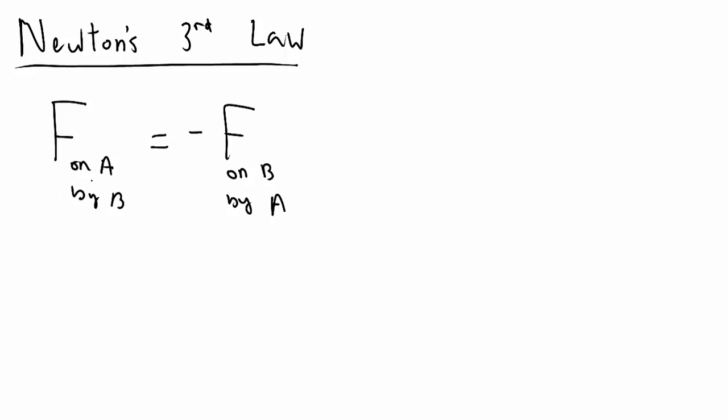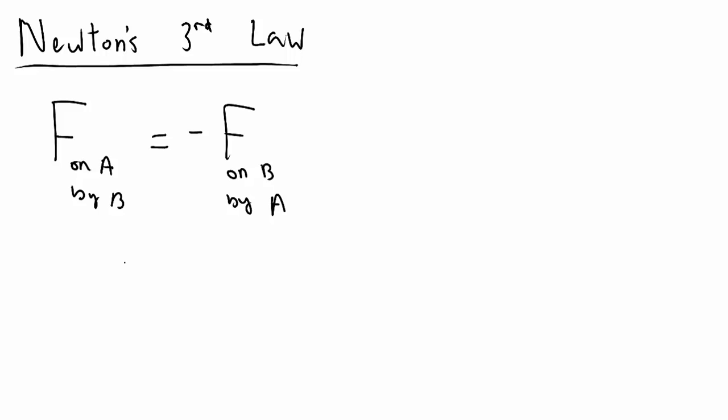So if, for example, there were three objects, like on A by B and then on B by C, then that wouldn't follow this rule. It's not in the same pattern. It's got to be A and B, and B and A, the same two objects flipped around exactly like this. Otherwise, the rule doesn't say anything. So it's really important that you check and make sure the rule actually applies before you try to use it. But if you do and it follows this pattern, then they have to be equal.